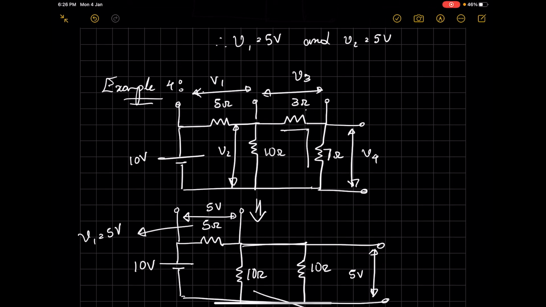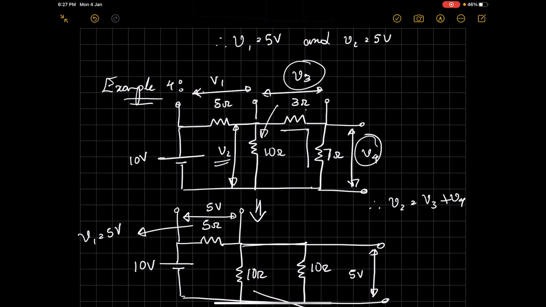Since the 7 ohm and the 3 ohm resistance is in parallel with this 10 ohm resistance, the voltage V2 will be divided among the 3 ohm resistance and the 7 ohm resistance. So therefore V2 will be divided among V3 and V4.